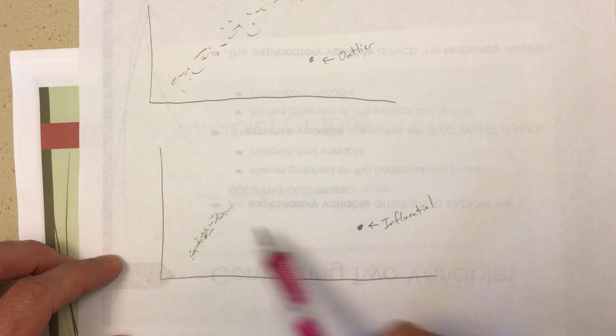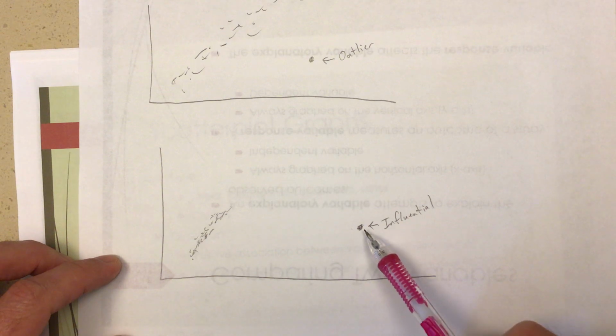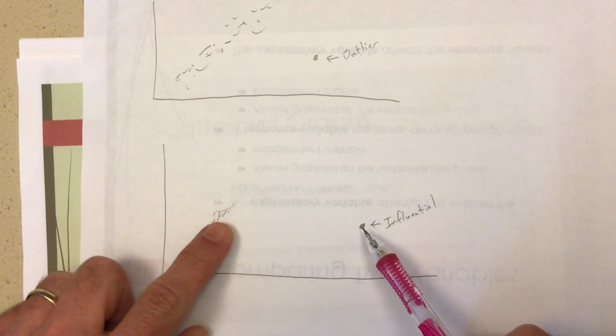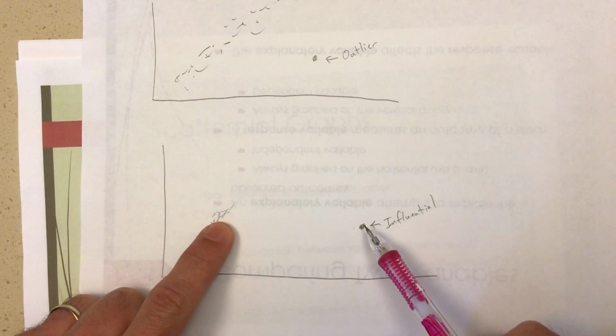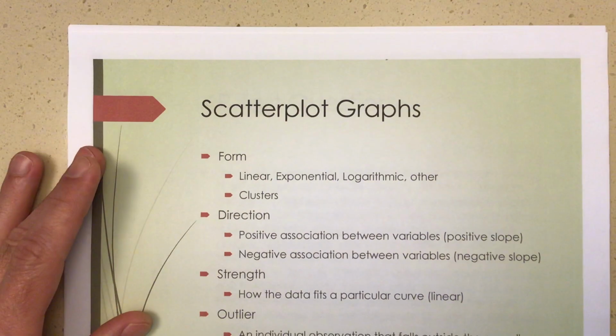So an influential point pulls the line to itself. It changes the line greatly, and that's because it's extreme in the x or horizontal direction from all the other points. So anyway, we'll get into this more next lesson.